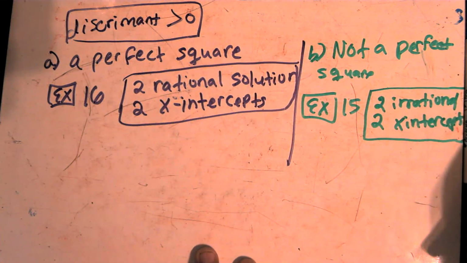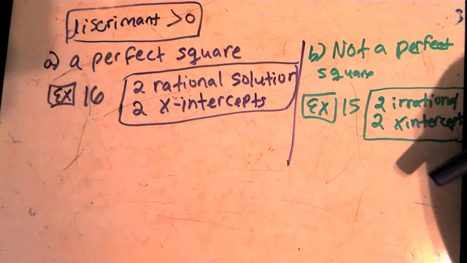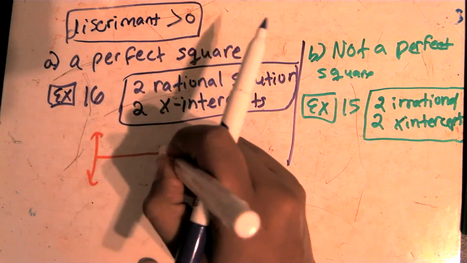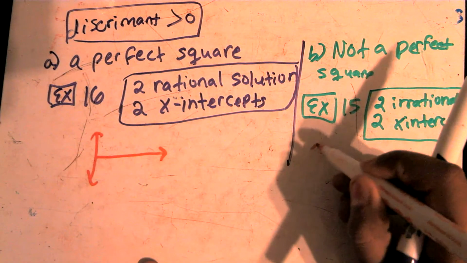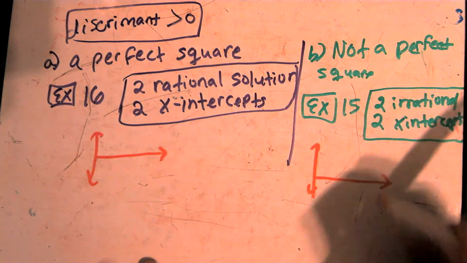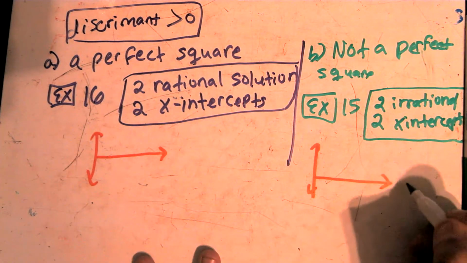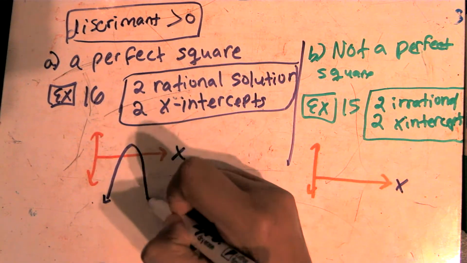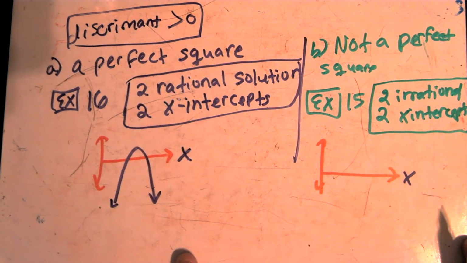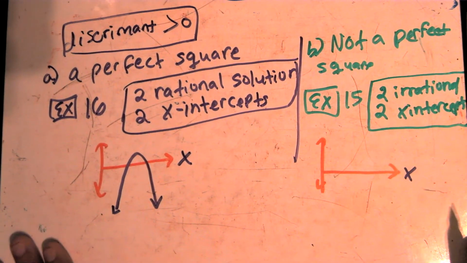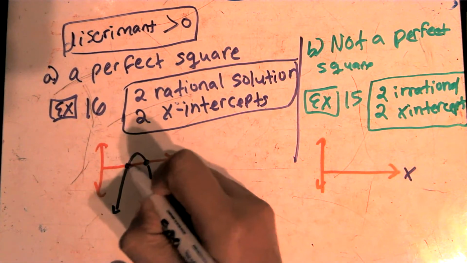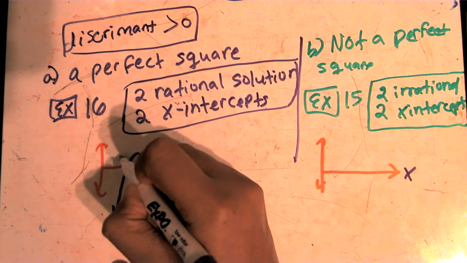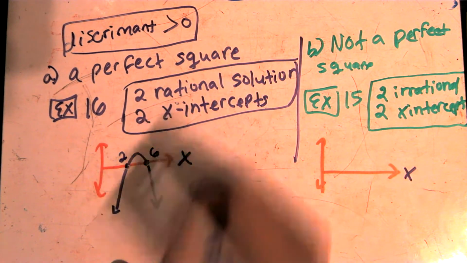Okay. So a way to think about what they would look like: here's my x-axis. So we have 2 intercepts, and you are going to get 2 numbers that are rational. Like whole numbers are rational, 2 and 6.